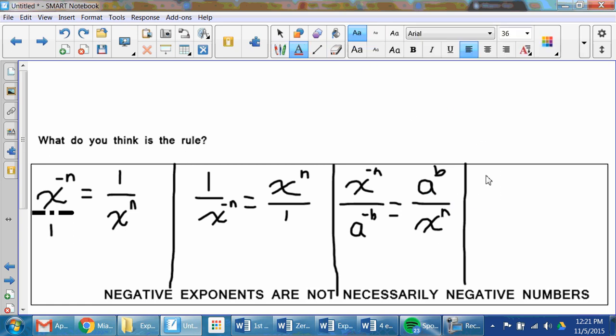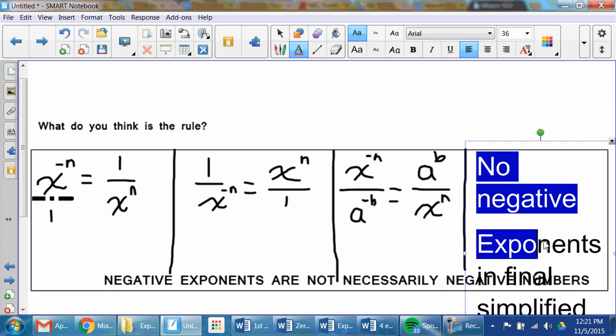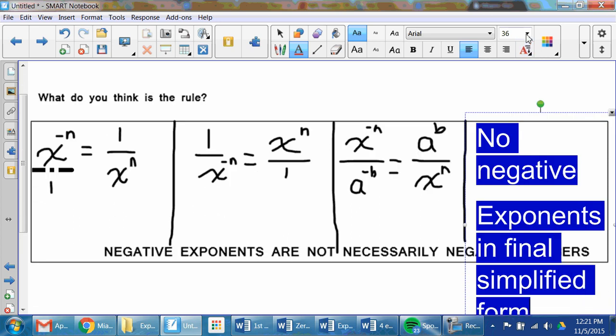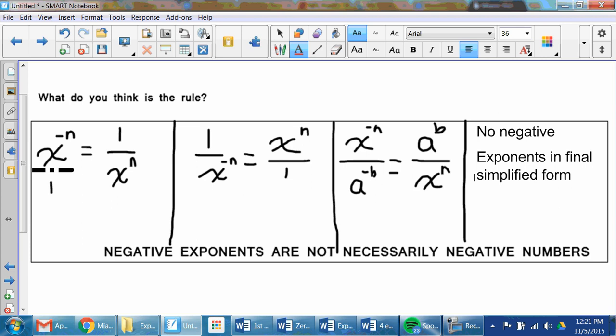All right, and the last piece I'm going to type in here, we say no negative exponents in final simplified form. I need to shrink that a little bit there. No negative exponents in final simplified form. All right, so those are my rules.